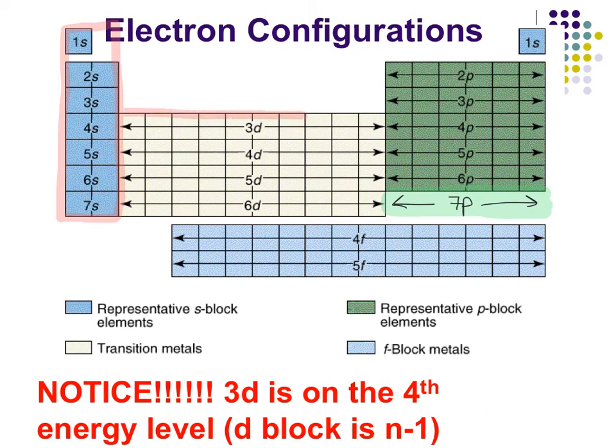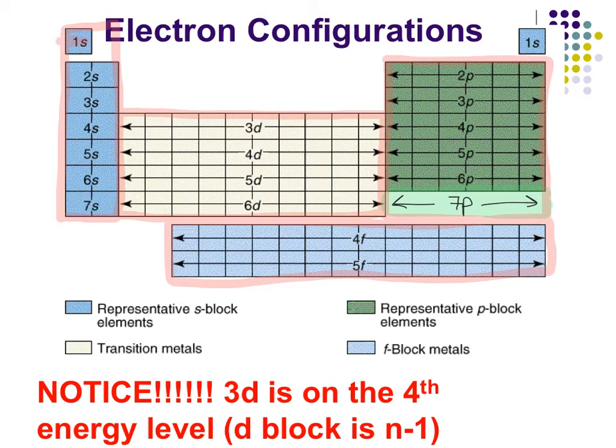Then you would have the transition metals next, which would make up your D block. On the right-hand side of the periodic table, those 6 columns would make up the P block. And then the 2 rows that were kicked out of the periodic table down here on the bottom make up your F block.